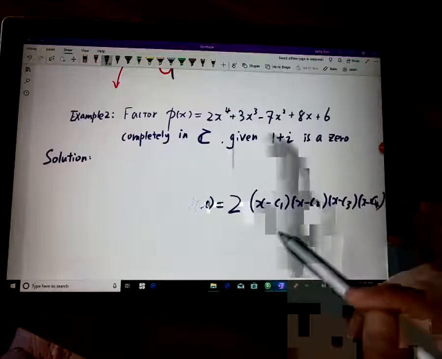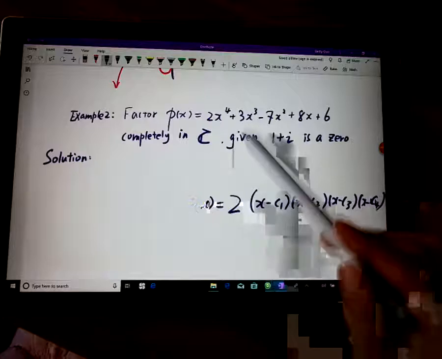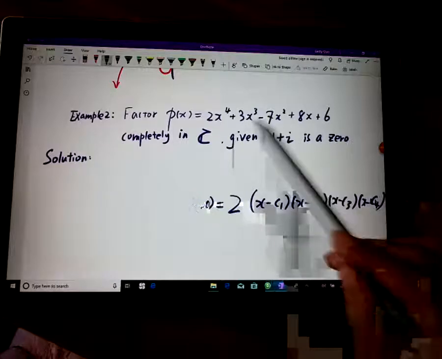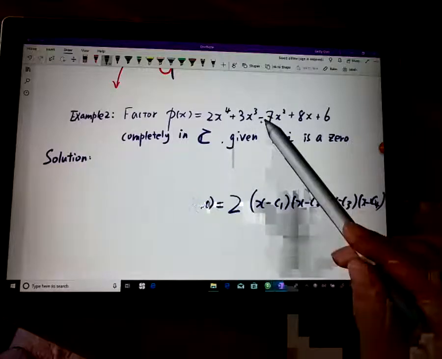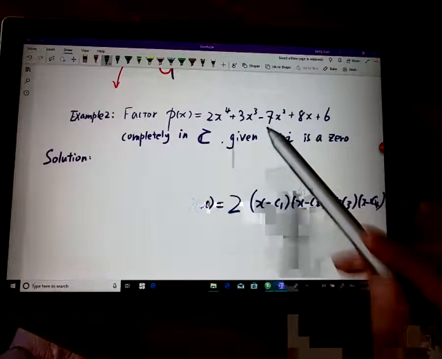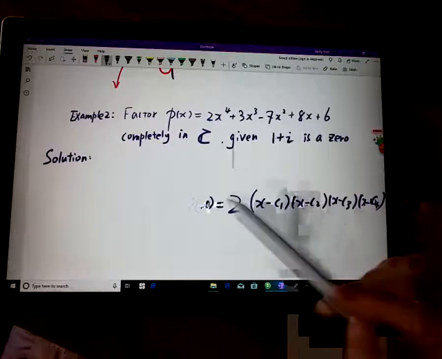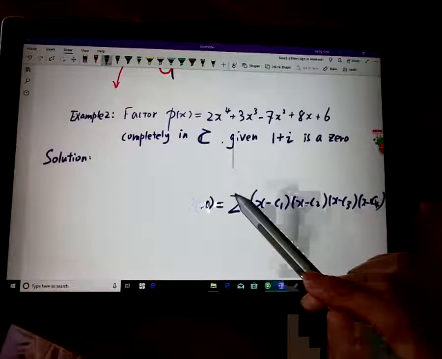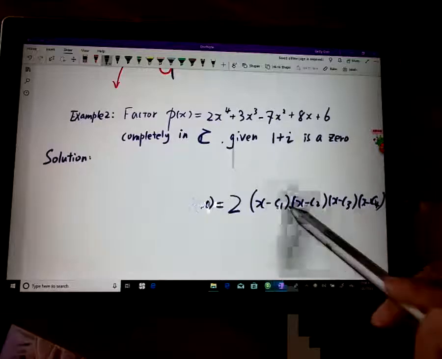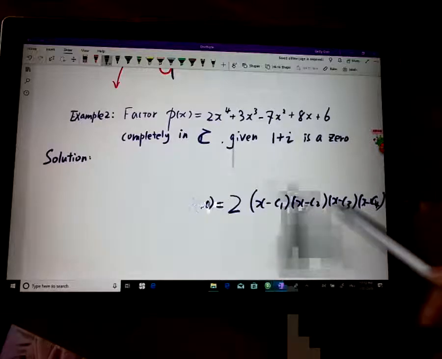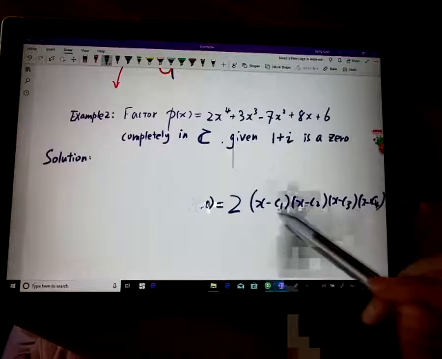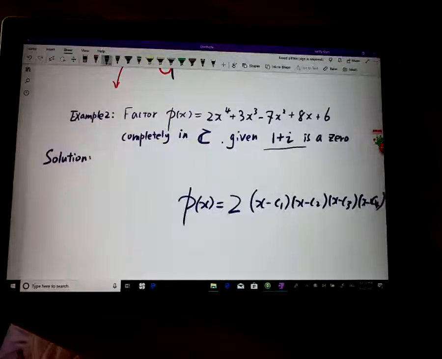Remember that theorem earlier? Because the function has degree 4, the function is supposed to be factored as the leading coefficient times x minus c1, x minus c2, x minus c3, x minus c4. What's the name of the theorem? The conjugate roots theorem.